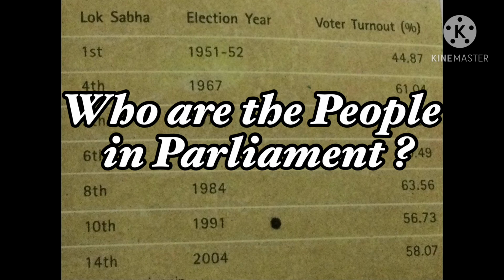And it has recently been suggested that there should be reservation of seats for women. Yes, 33% reservation seats for women. Still debate is going on, right? See children, 60 years ago only 4% of MPs were women, and today it is just about 9%. So this is a small share when you consider the fact that half the population are women, right?